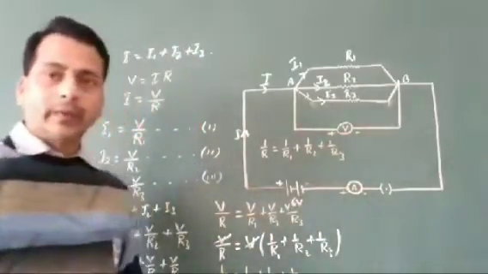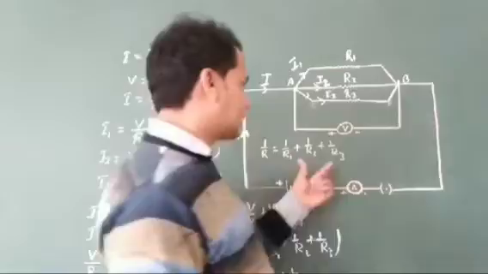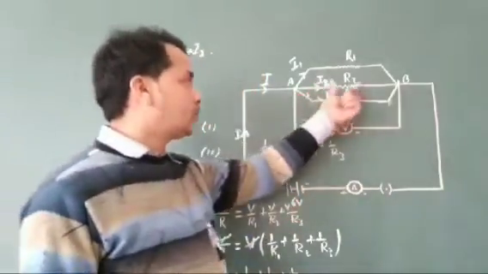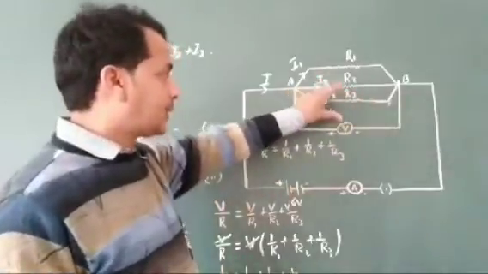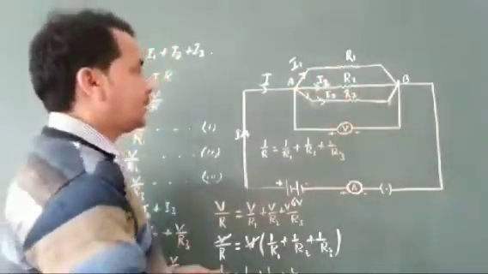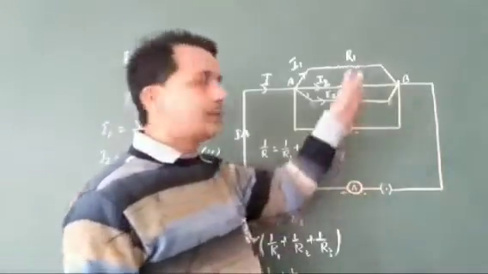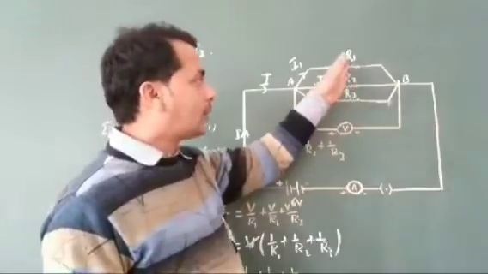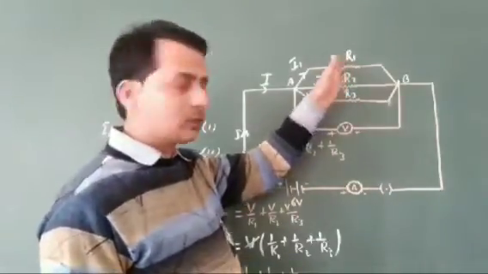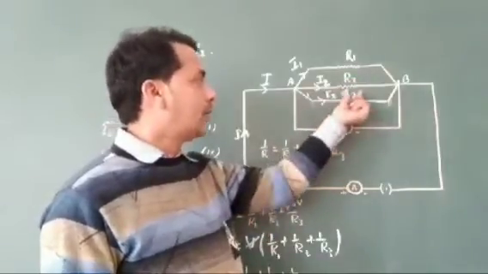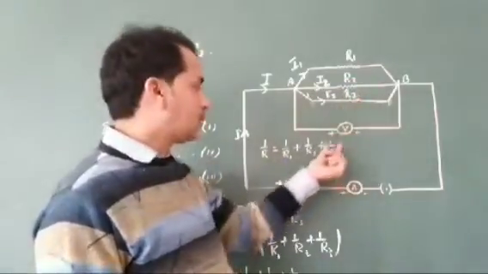So the equivalent resistance or net resistance, where R1, R2 and R3 are in parallel combination, is the sum of the reciprocals of the given resistors: the reciprocal of R1 is 1 by R1, the reciprocal of R2 is 1 by R2 and the reciprocal of R3 is 1 by R3.